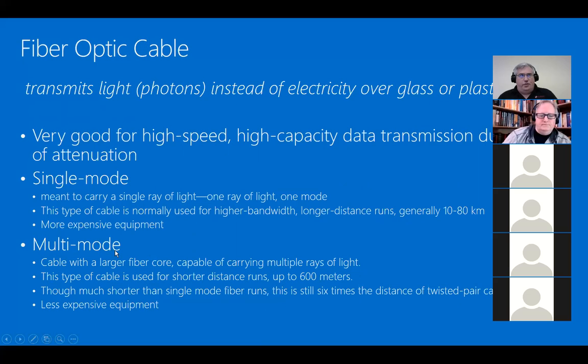Multi-mode, you have different frequencies that go through it, and single mode is only one frequency. The idea that one needs more expensive equipment is not true anymore. It's basically the same now. The multi-mode is slightly cheaper as far as the cable goes, but they've gotten real close in price.